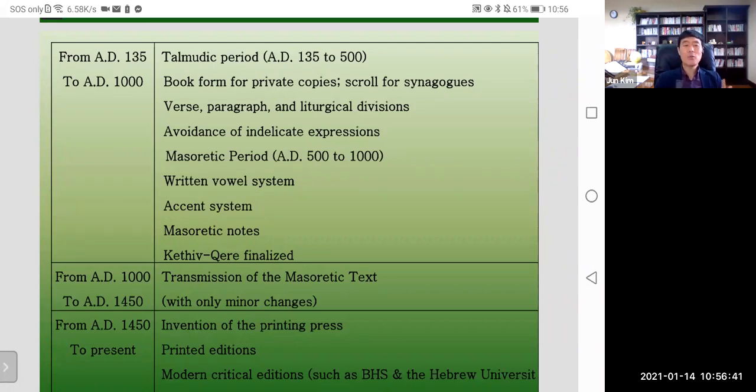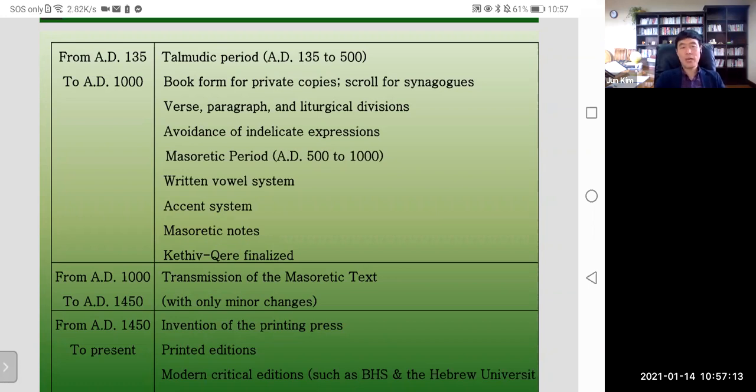So it has something to do with the efforts of Masoretic scholars to preserve the manuscript of the Hebrew Bible. So Masoretic notes and Ketiv and Kere were finalized. As you can see, the vowel system, accent system, and Masoretic notes and Ketiv, Kere, they were all made by the Masoretic scholars. So that is quite a significant period in terms of the Hebrew text.